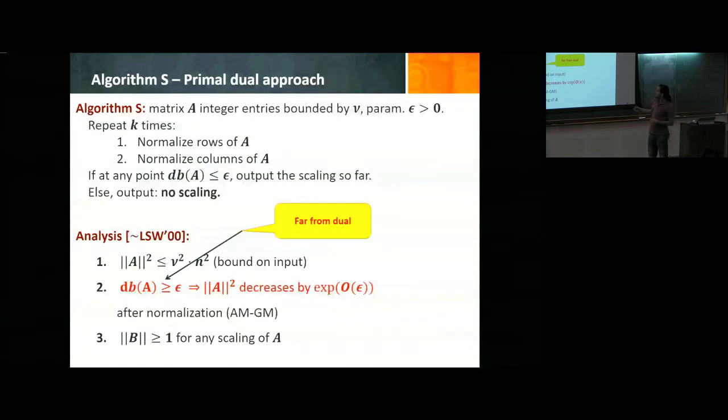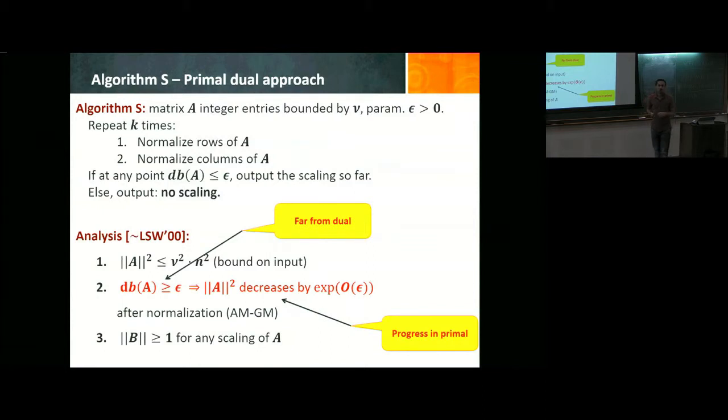My capacity is big, and this means that we make a lot of progress in the primal. Now that I showed you how this has a lot to do with invariant theory, even this doubly balanced scaling is an invariant theoretic question. It's just the dual program of the null cone.